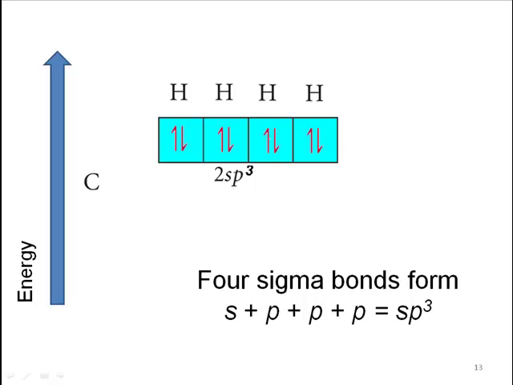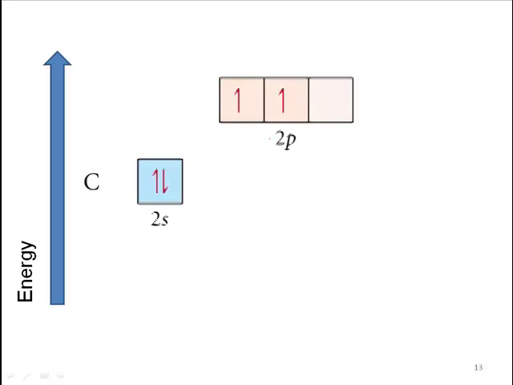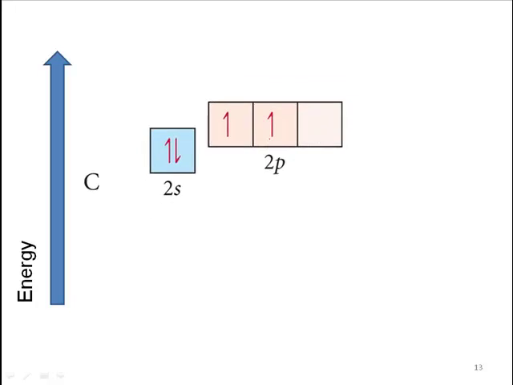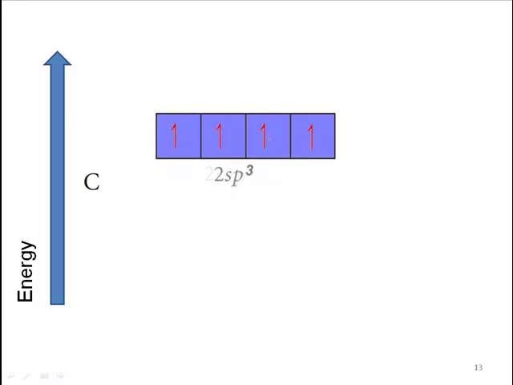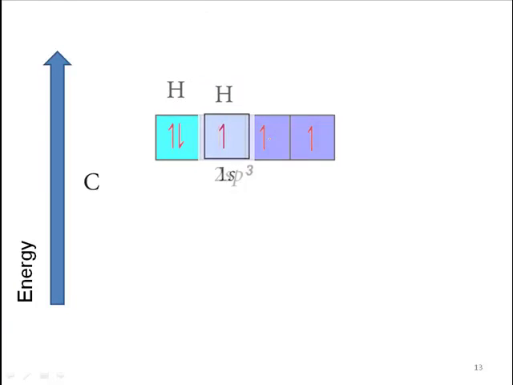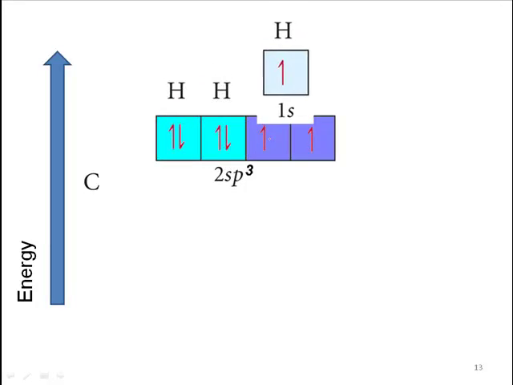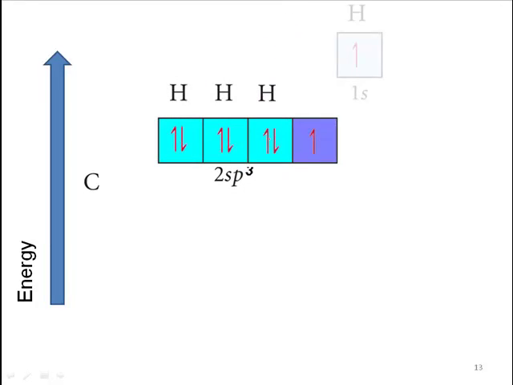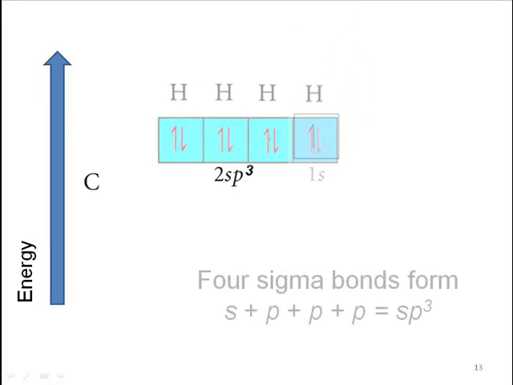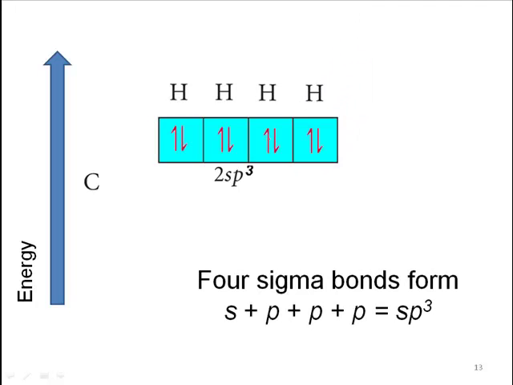Now, when it combines together with the hydrogens, okay, it makes the 2sp3, combines together with each hydrogen individually. And this is why you can have CH4 with all of them being paired up.